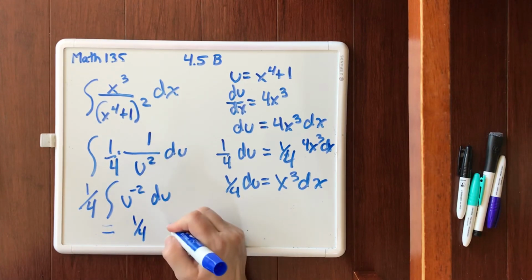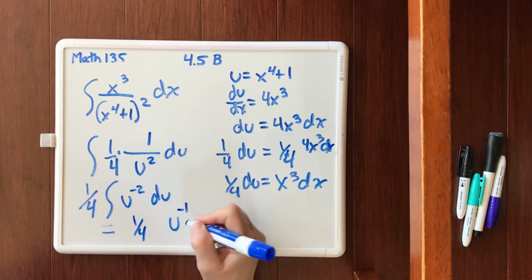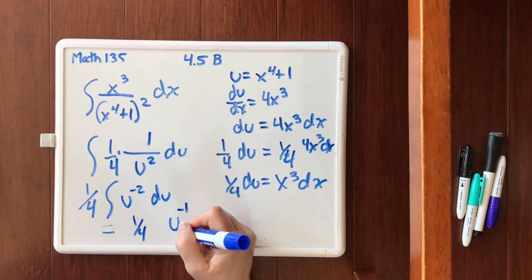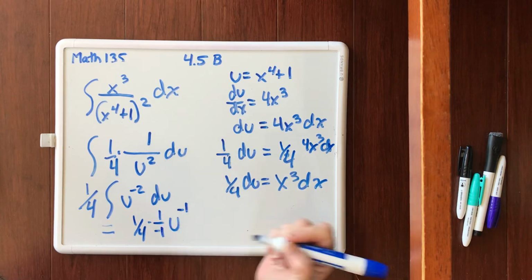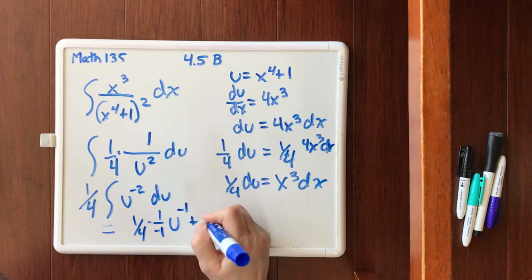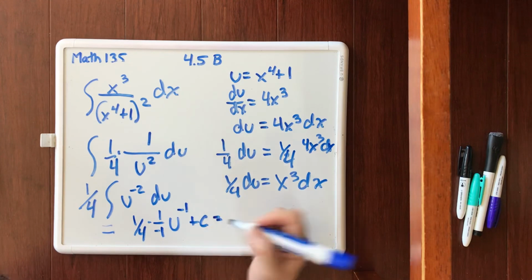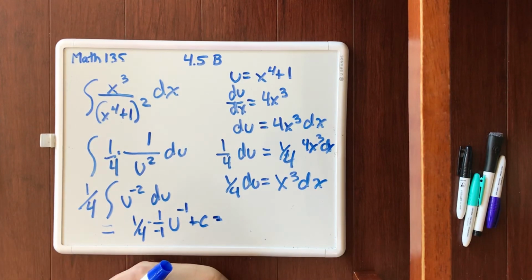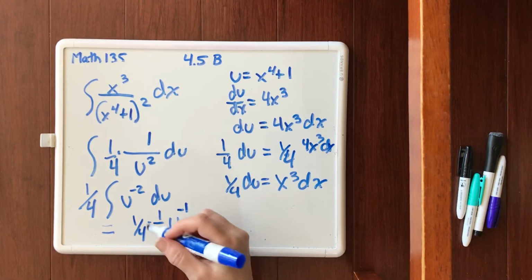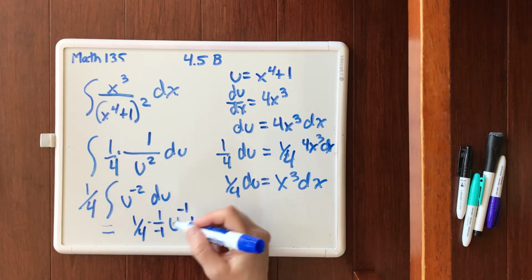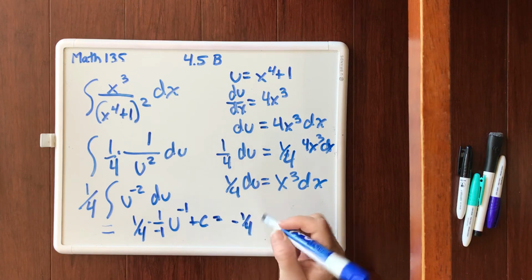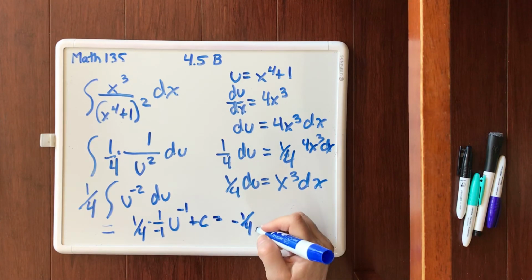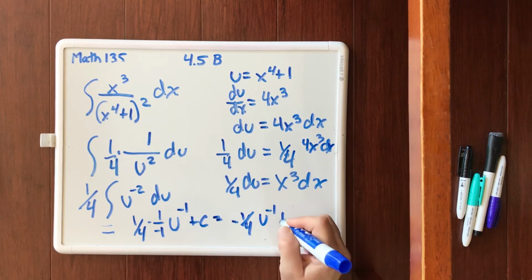We're going to add 1 to -2, which gives us a -1. And then what do we do from there? Well, we're going to divide by a -1, multiply, plus c. And then we have, let's see, 1/4, -1, we have -1/4 u to the -1 plus c.